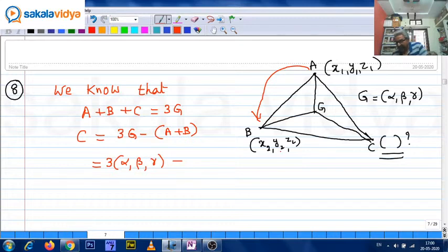So we can write (x1 plus x2, y1 plus y2, z1 plus z2).